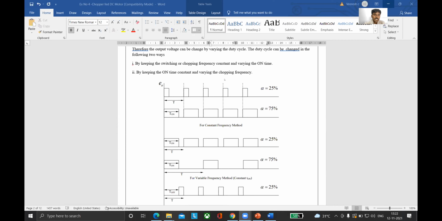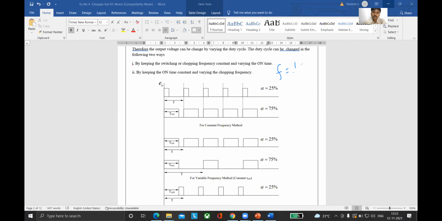Okay, so by keeping the switching or chopping frequency constant or varying the on time. So, constant frequency and variable frequency. Constant frequency is nothing but, we know the formula. What is the formula for frequency?